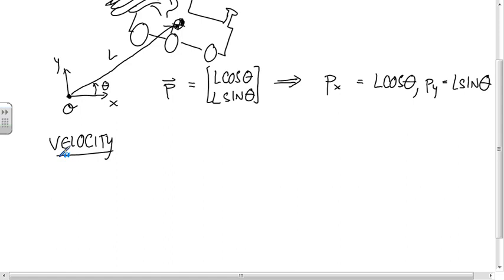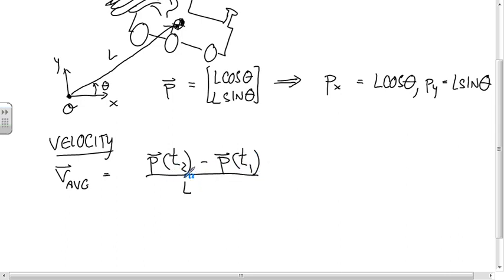Average velocity, yep. And so in 2 dimensions, the average velocity is equal to the position vector at some time 2 minus the position vector at some time 1 divided by t2 minus t1.